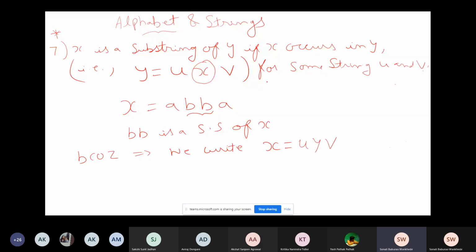If we have a Y string, we can write it as Y is equal to UXV. And if we have another string, which is X, here we can write it as UYV. So it is assumed to be in this form.